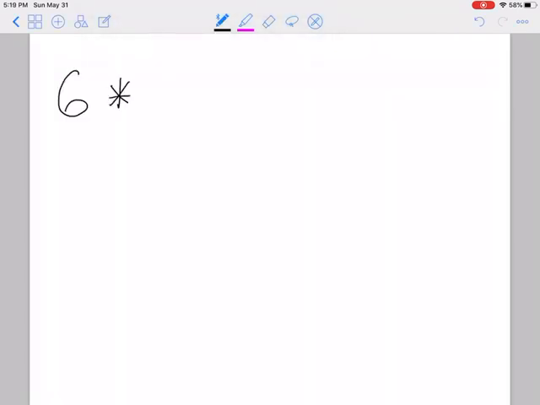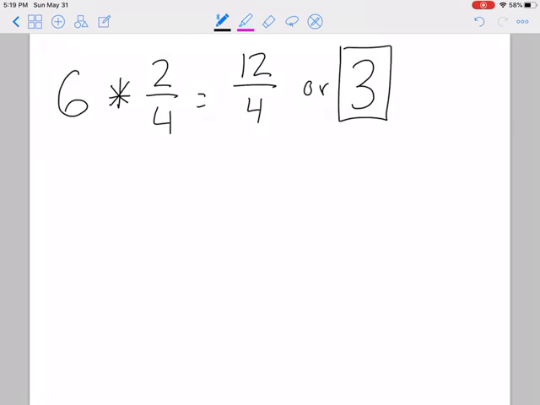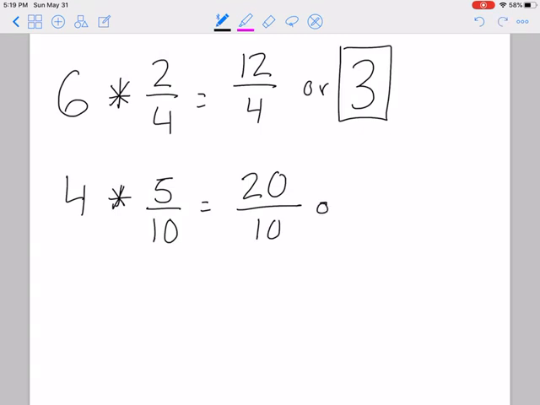Okay, the first one is 6 times 2/4. 6 times 2 is 12, and you keep fourths as the denominator, and if you have 12 fourths, it is equivalent to 3. Okay, the next one is 4 times 5 tenths. 4 times 5 is 20 tenths, and 20 tenths is equivalent to whole number 2, because 2 times 10 is 20.